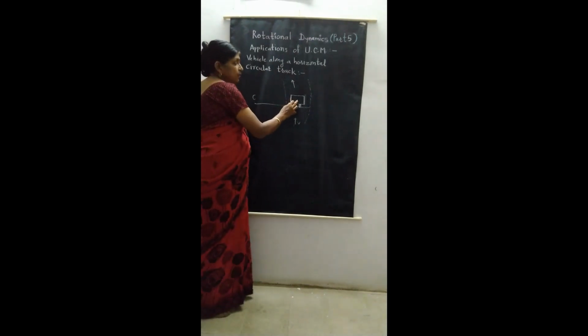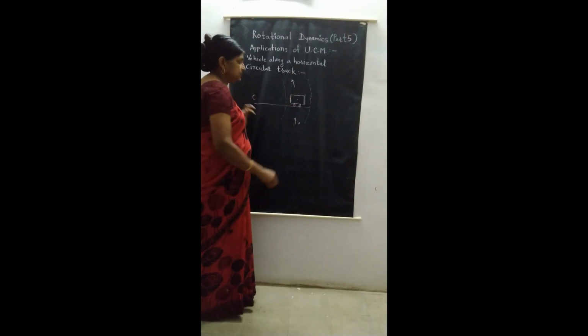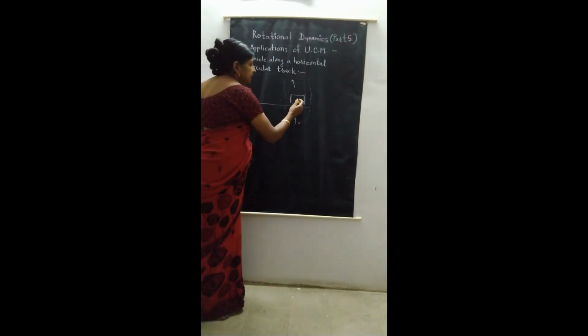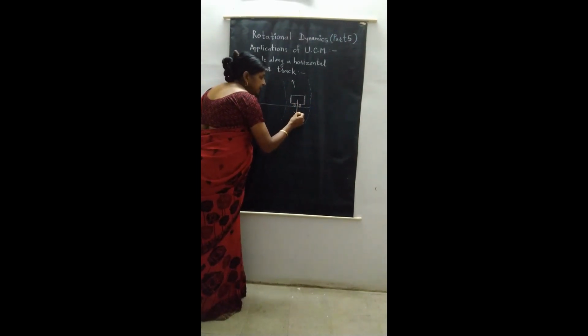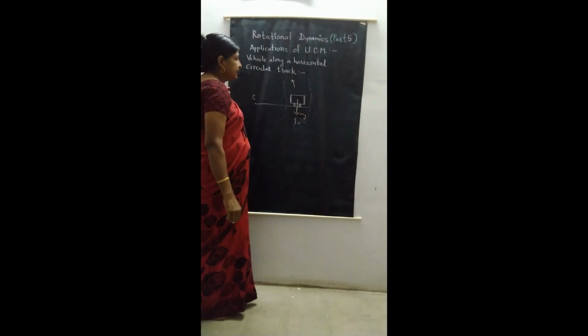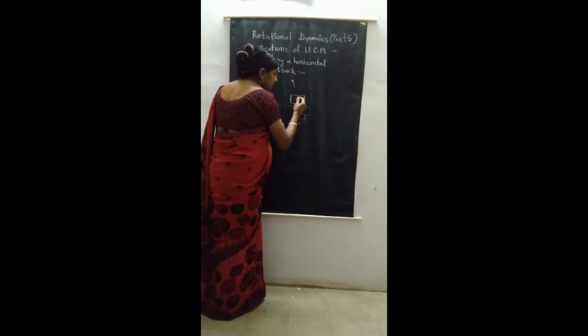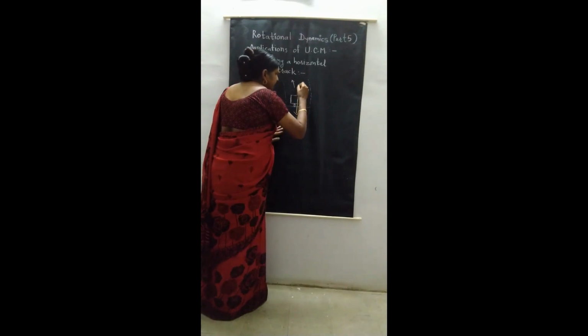This is the center of gravity of the vehicle and the different forces are, first, the weight of the vehicle, which is naturally mg and always acts vertically downwards. This is mg, and the normal reaction, which acts normal to the surface, exactly in the upward direction.